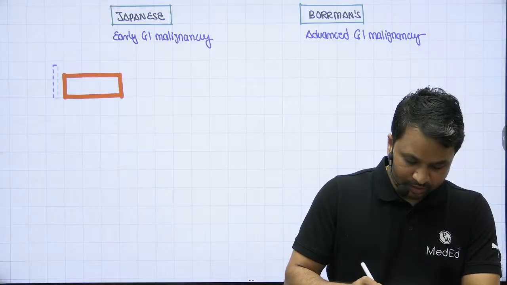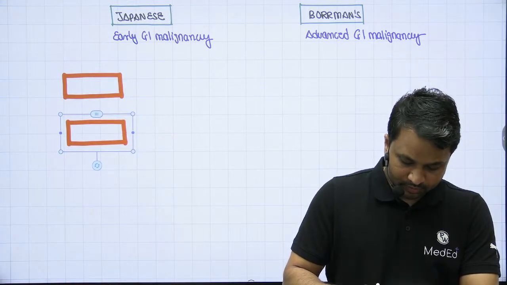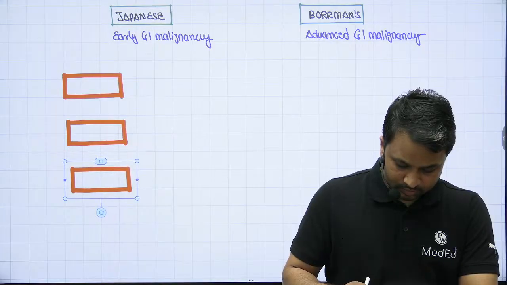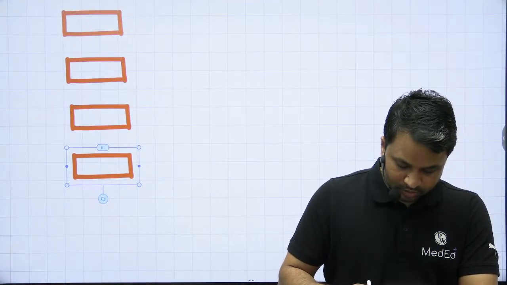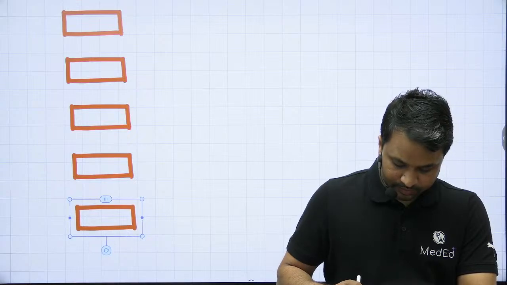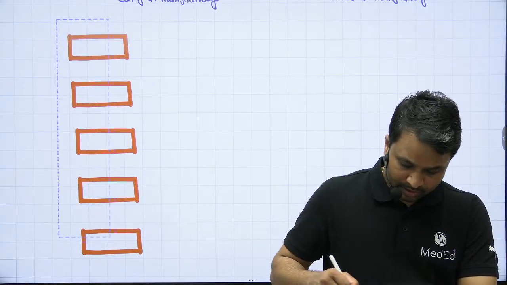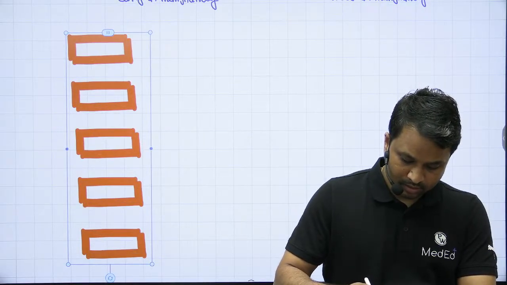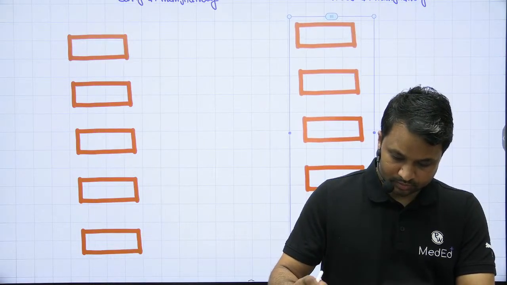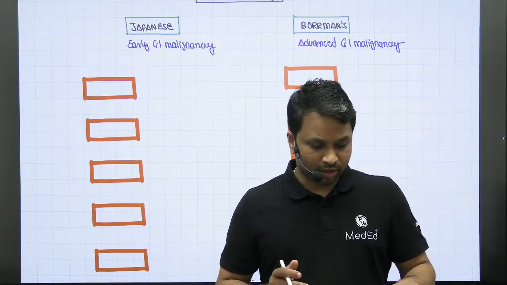I need 5 of them, so I'll just quickly add them here. What I'll do is I'll take this entire thing, copy it, and put it here. Smart, right? So you have the early for your Japanese and the Borrmann's.